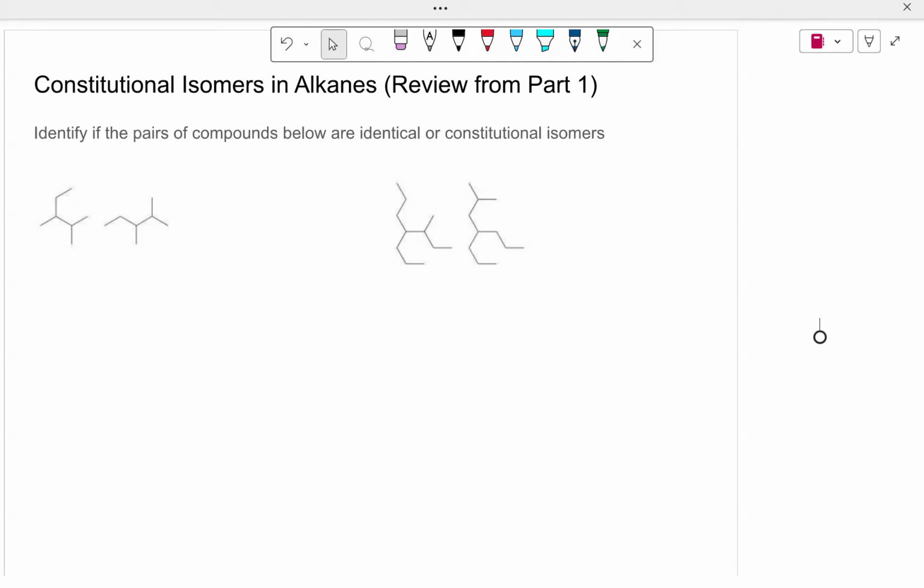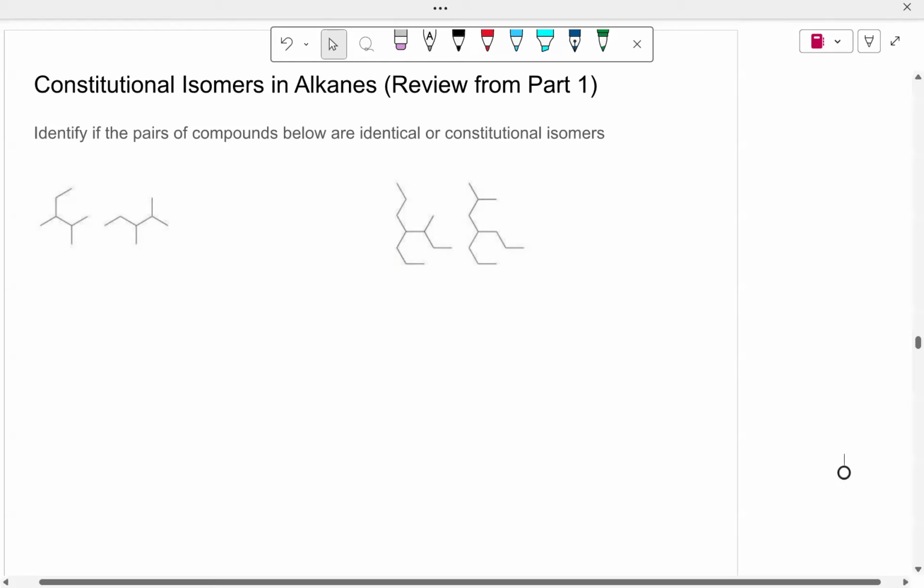Because alkanes can have a variety of different chain lengths, it's sometimes somewhat difficult to see if you can recognize a couple of alkanes or the structures of alkanes as isomers or as different compounds, or if they're even identical, because one compound can be drawn a whole bunch of different directions and yet still be the same compound. So the trick for recognizing constitutional isomerism in alkanes is name the structures.